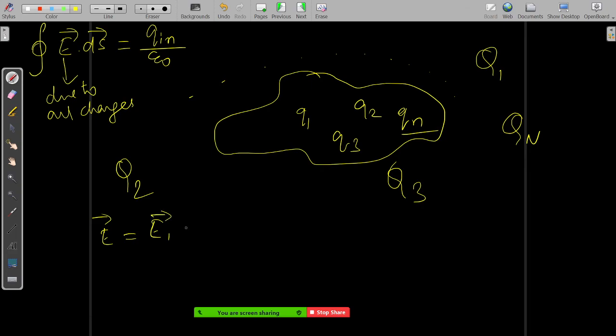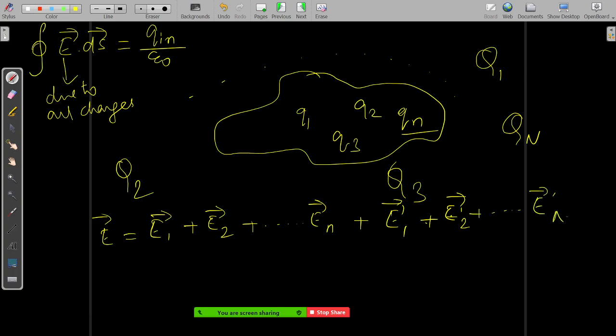First one, the smaller ones, we represent something like this, En. What about the bigger charges? Let's say we represent them something like this, E dash 1, up to capital N. So this is the total electric field due to all the charges.